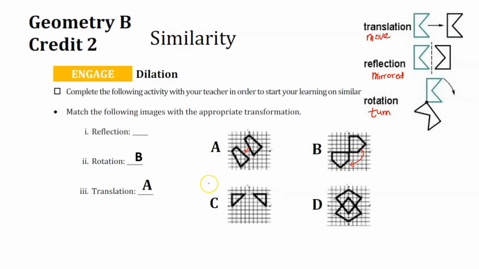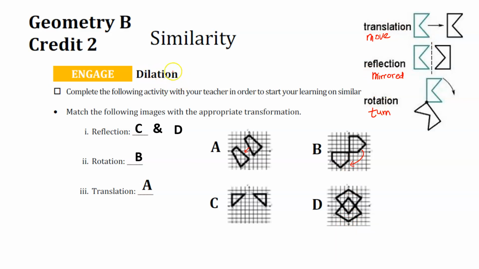And last but not least, this will have two answers, because one student said it could be C, because that triangle is reflected over this invisible line here. It could also be D, because this shape is also reflecting. So those are the three words that we just went over.